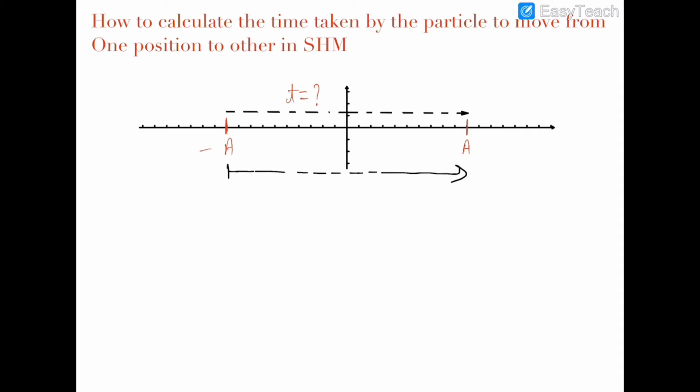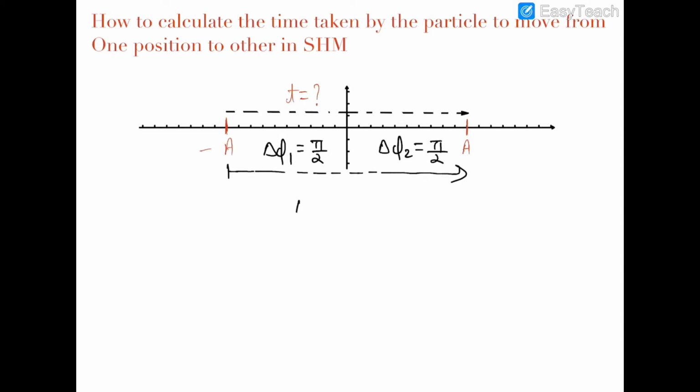So we can say that the change of phase phi 1 when the particle moves from minus a to origin is equal to pi by 2, and the change of phase phi 2 when the particle moves from mean position to plus a is again pi by 2.